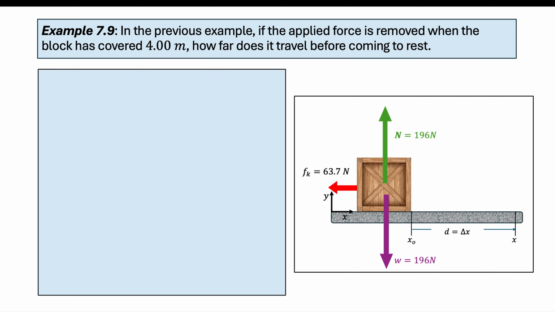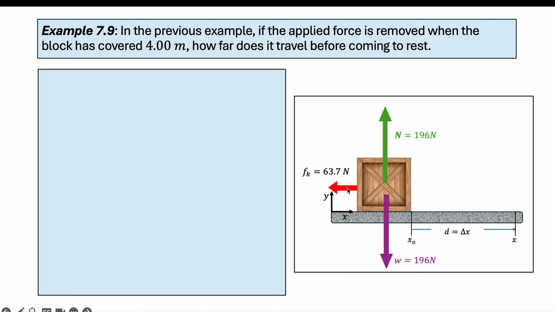In this continuation of the example, we think about what happens when the applied force is removed from the block after it has covered that distance of 4 meters. And the question is, how far does it travel before coming to rest? So we have our picture here of the block, and we still have our normal force and the weight that's acting, and we already calculated the frictional force, but the applied force has been removed.